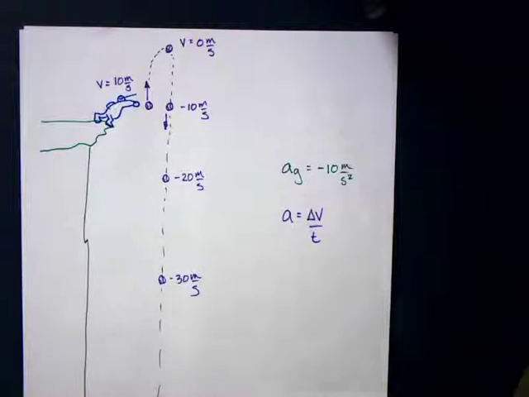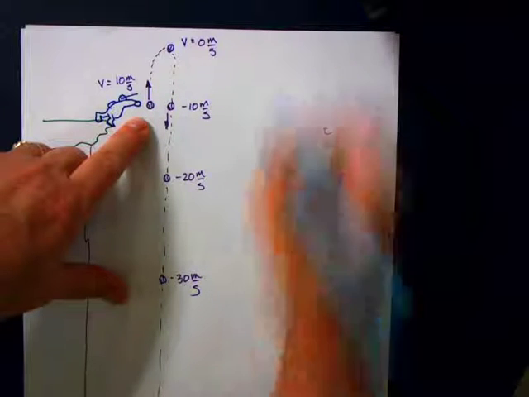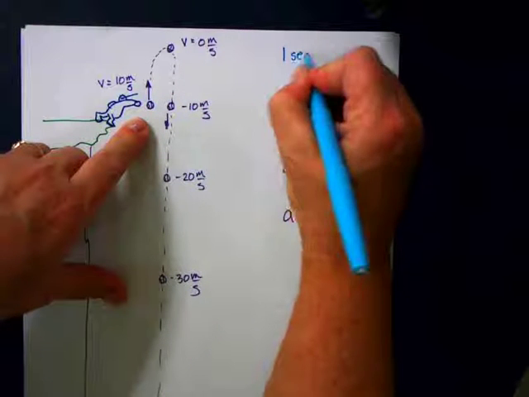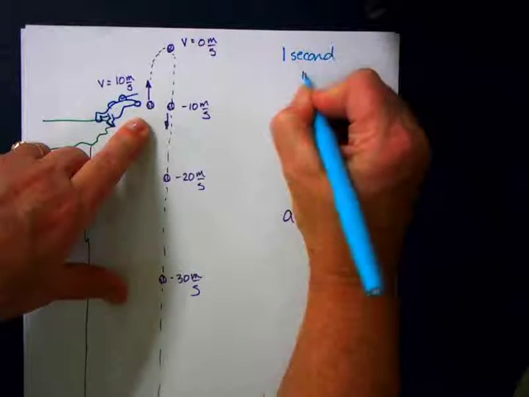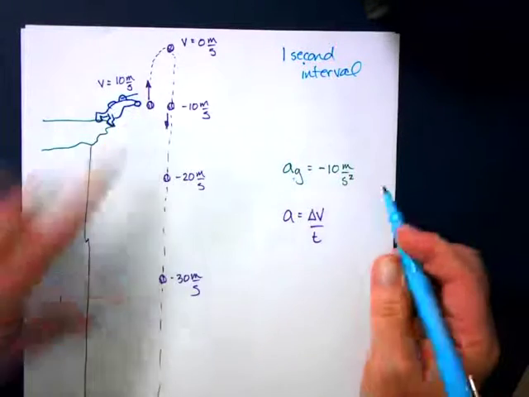All right. Now let's check out distance. Again, we're not using any formulas, we're just using our intuition. So these are all 1 second time intervals.